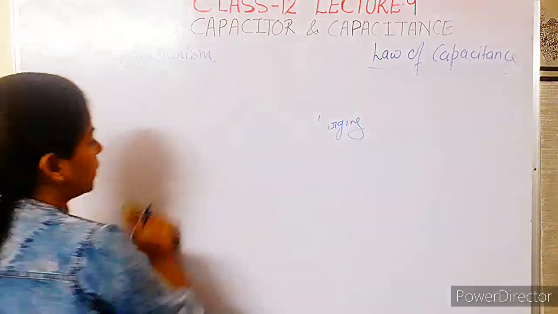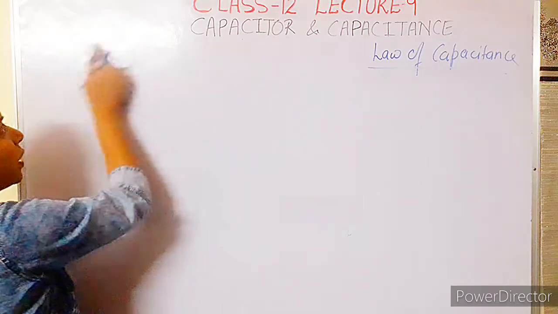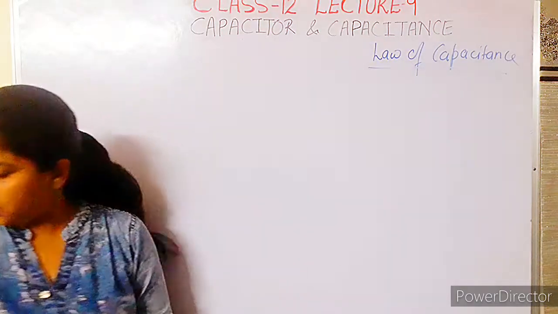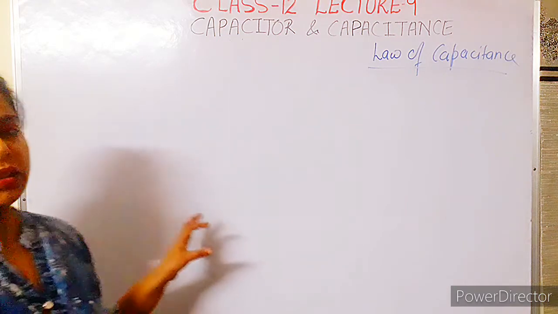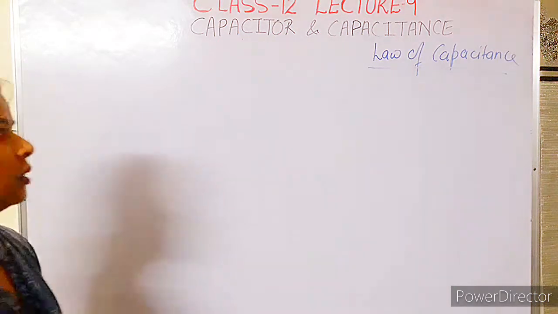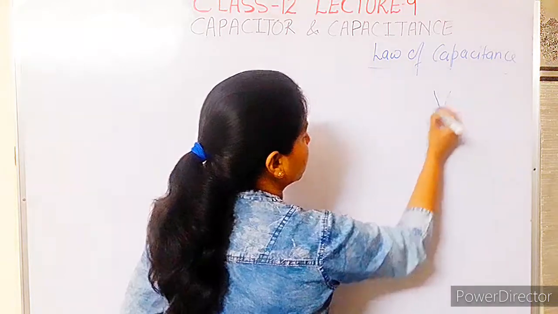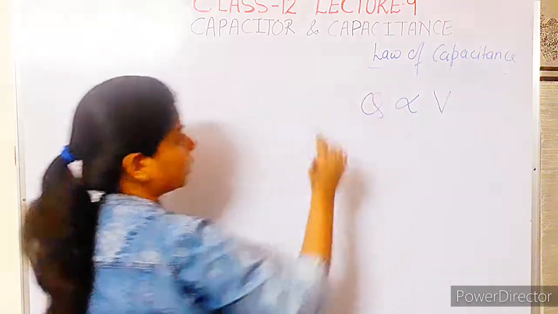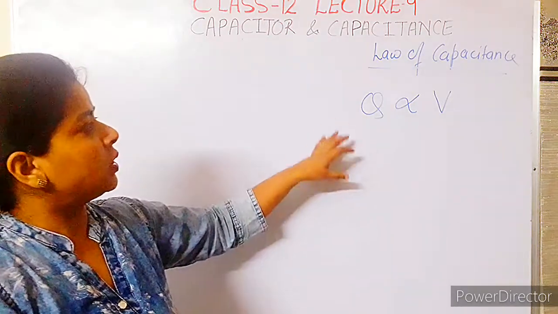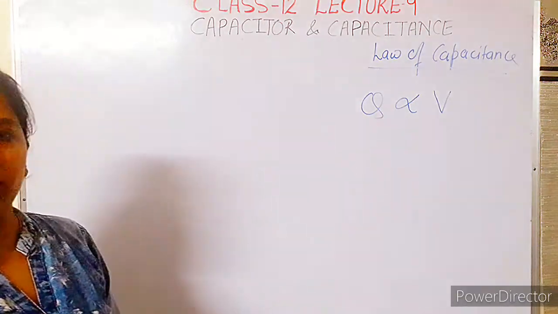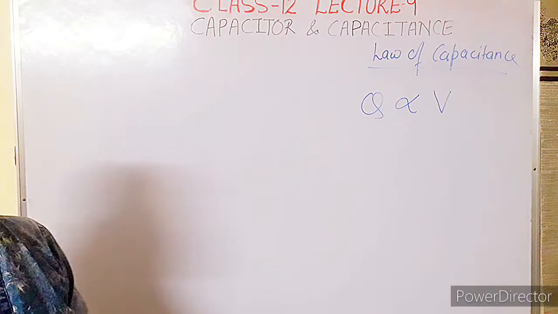On the basis of this mechanism, we can define the law of capacitance. Now how will we define it? You have seen that the greater the potential difference across the capacitor plate, the greater the charge on the capacitor plate. That means the charging of the capacitor depends on the potential difference across the capacitor plate.